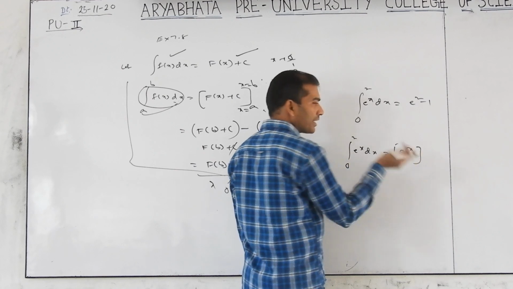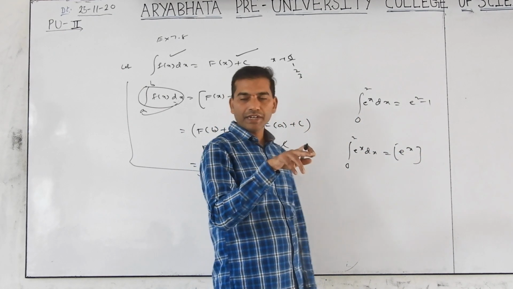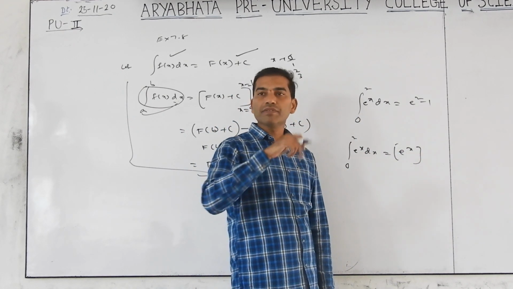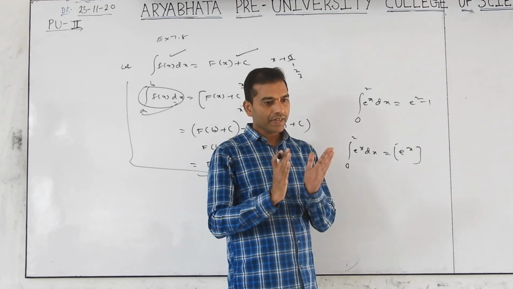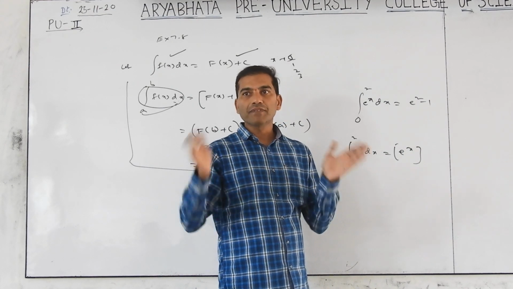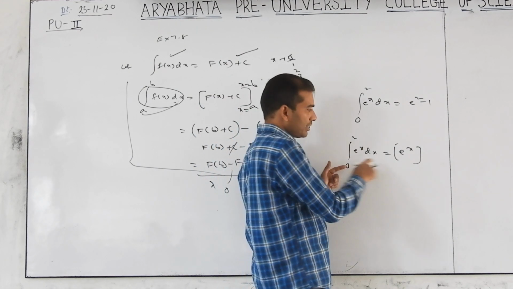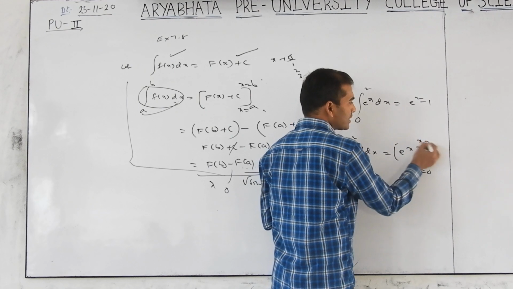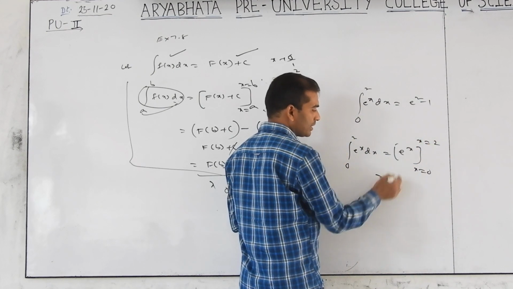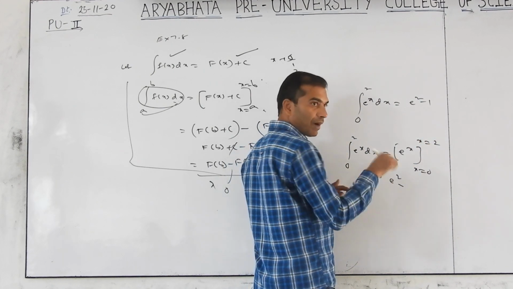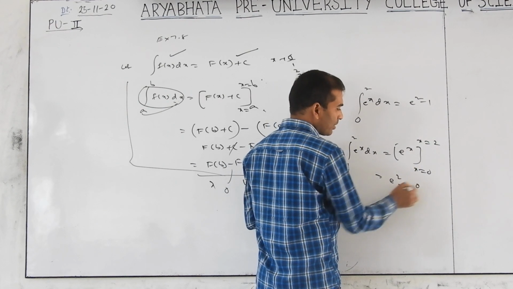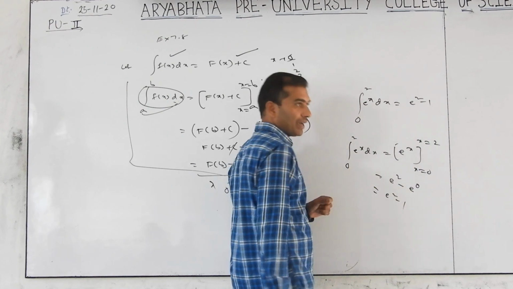As we did indefinite integral methods, first we use that. Like indefinite, first solve it. After getting the answer, at the end apply upper limit and lower limit. Put x is equal to 0 and x is equal to 2. First upper limit, e square. Next minus lower limit, e power 0. So e square minus 1.